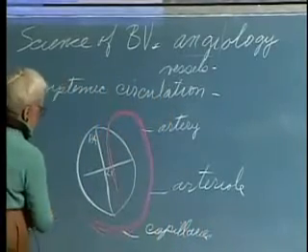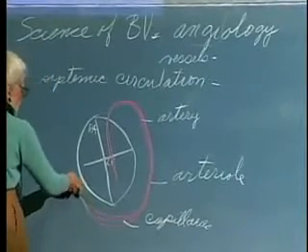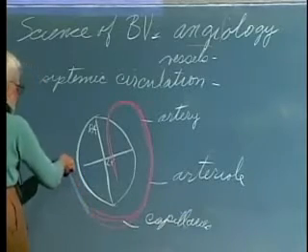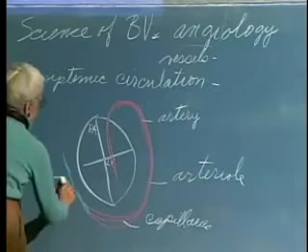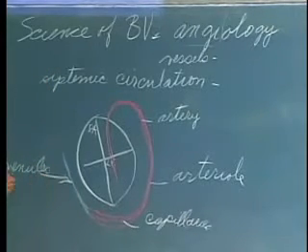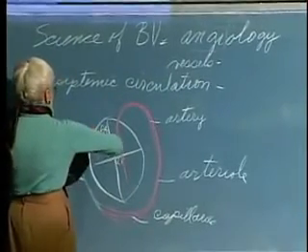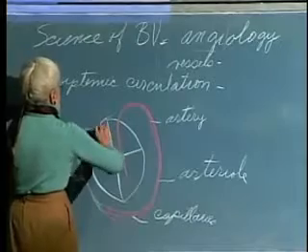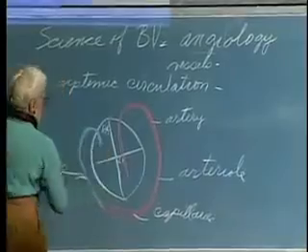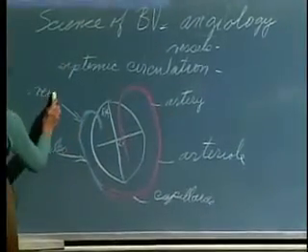And then we come back up on the venous side in small veins called venules. And these will enlarge to form veins and bring the blood back into our right atrium, giving us a circulatory system here. And this will be our veins.